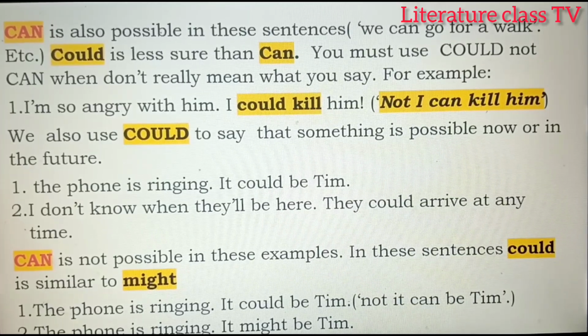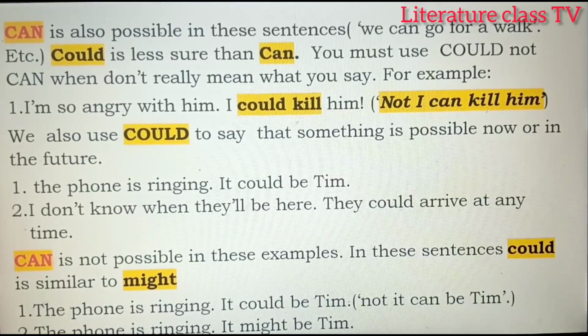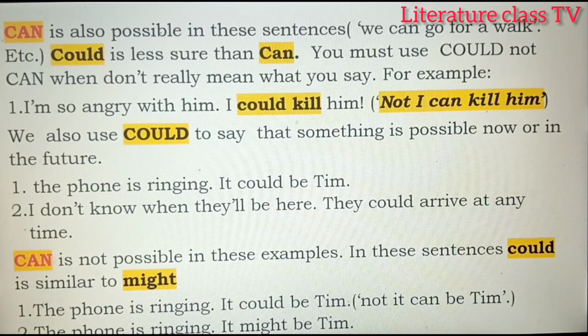Can is also possible in these sentences. We can go for a walk, etc. Could is less sure than can. You must use could, not can, when you do not really mean what you say. My friend, are we together here?